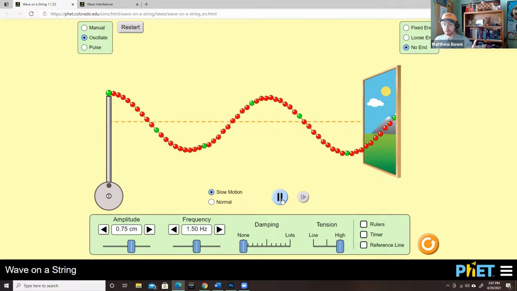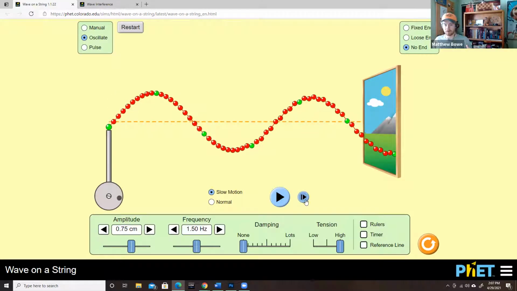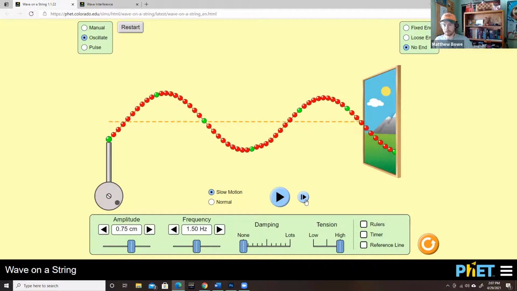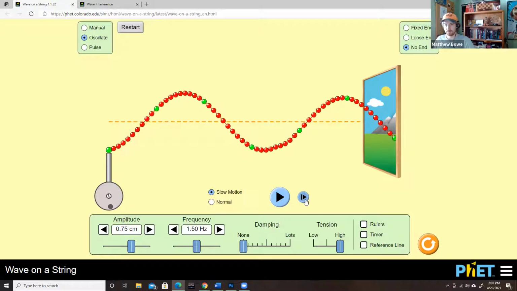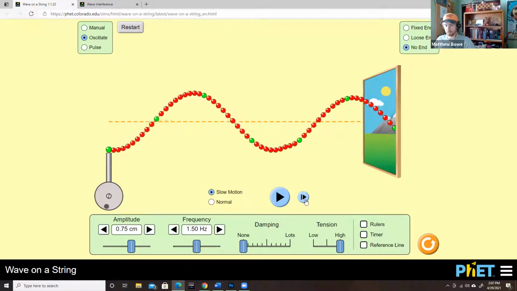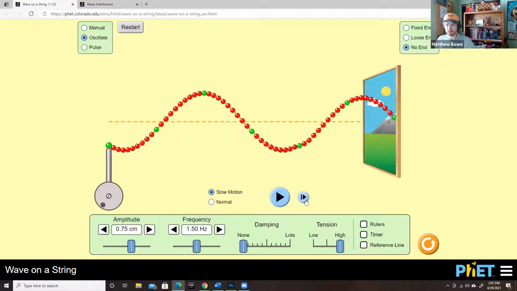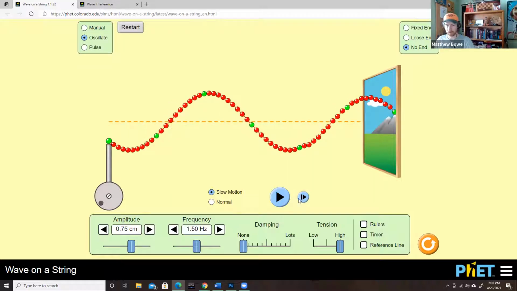Now it's in a regular pattern. If I step through it a little at a time, you can see it's moving to the right. This wave has a speed, a frequency, and a wavelength, and we're going to have to measure all of these quantities. Let's go to the instructions.